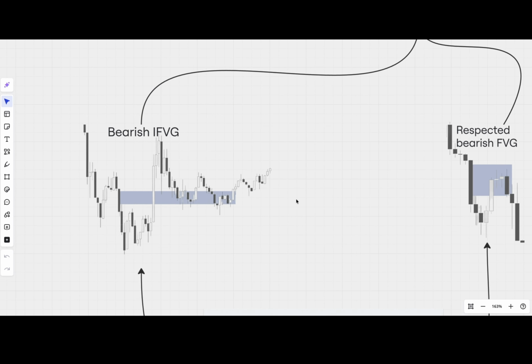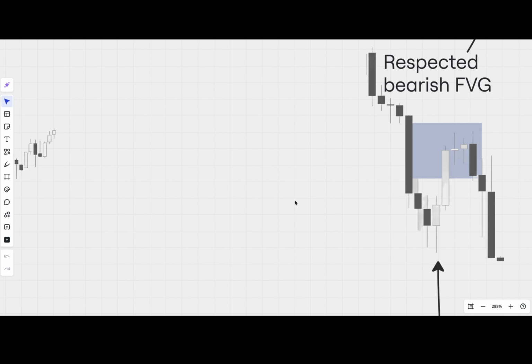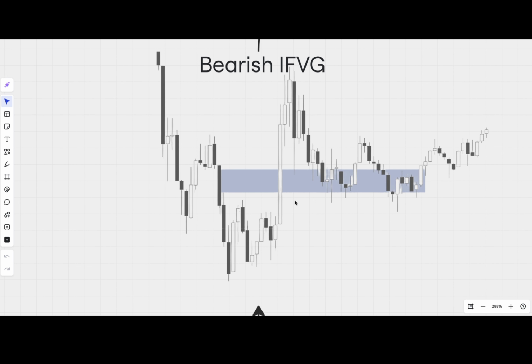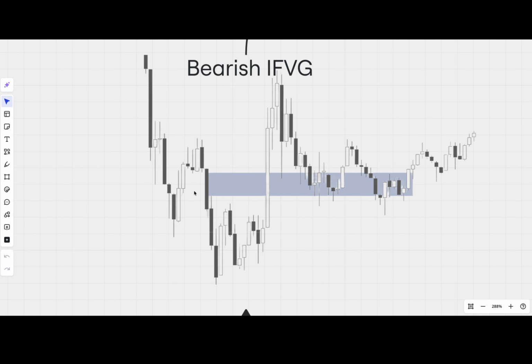That's also another thing that fair value gaps are used for. They're used for places in which you may want to enter as a support. So you can see this fair value gap gets ran through, and then the market actually comes back to the inverse fair value gap, which happens a lot of times.